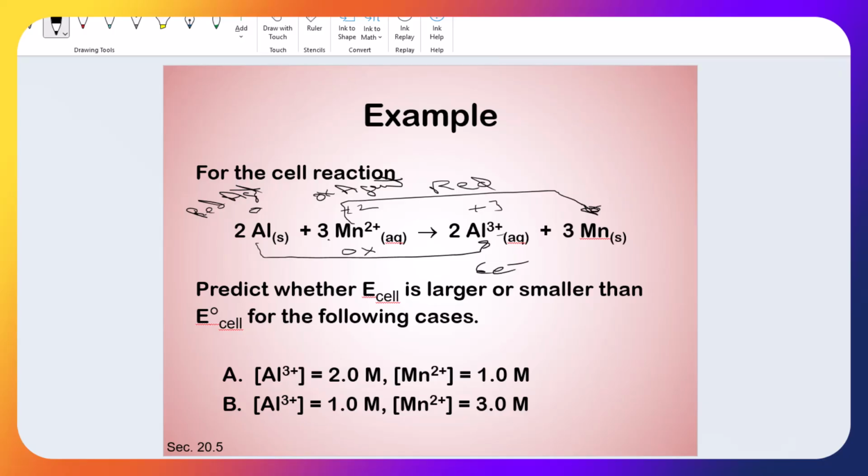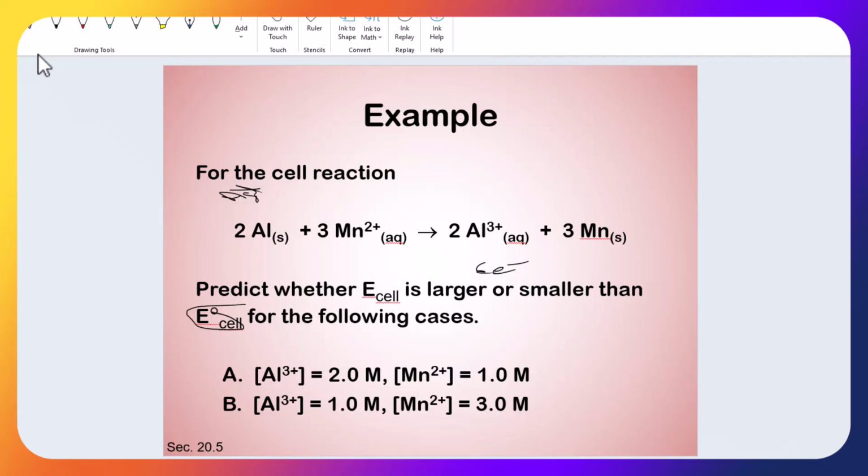Okay, let's predict whether E of the cell is larger or smaller than E naught of the cell for the following cases. So remember, under standard conditions, the manganese is 1. Let me erase some of this stuff, make it a little easier to see.